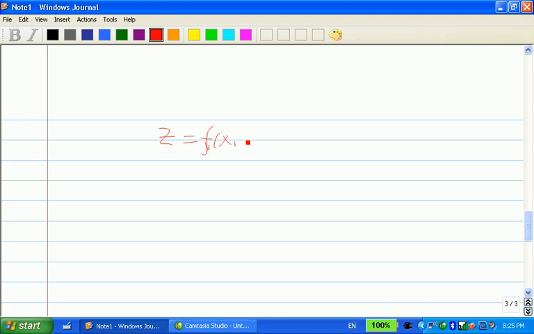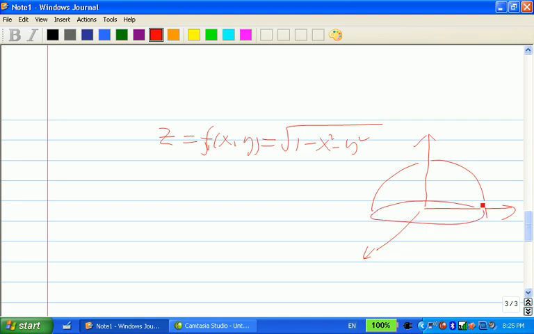The surface is half of the sphere. I told you before, first of all, it's a surface, and this is a special surface which gives you the top half of the sphere. Why does it give you the top half?